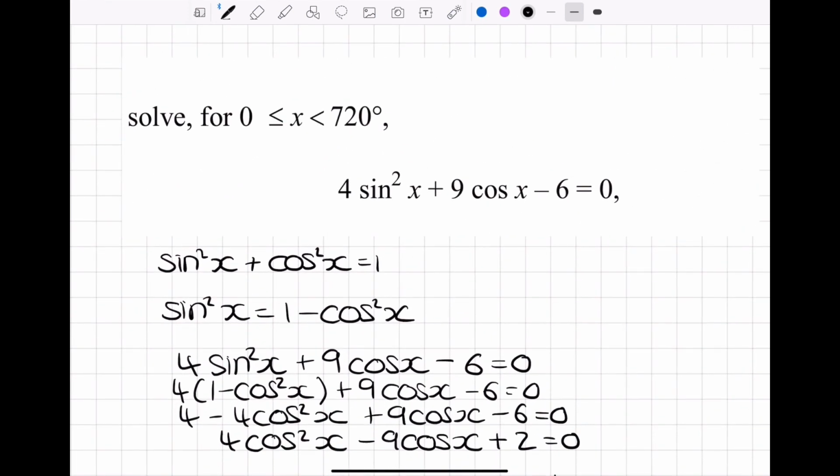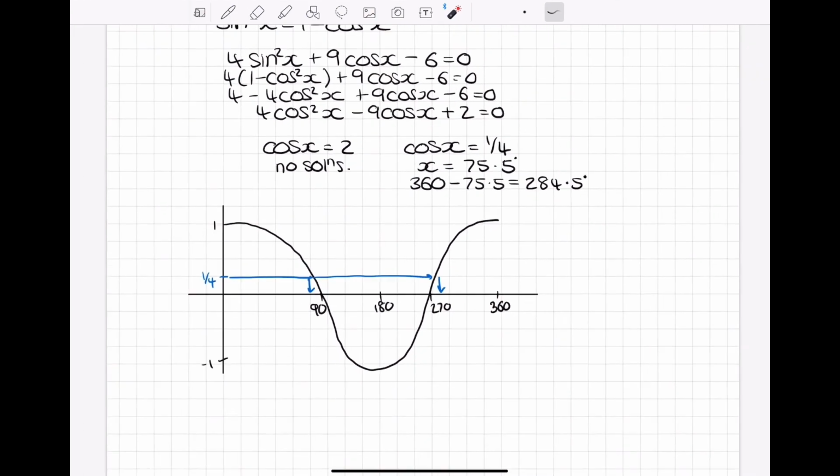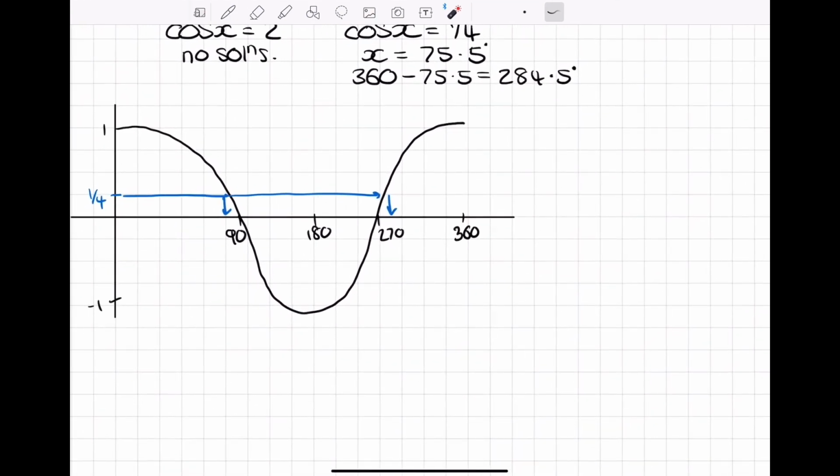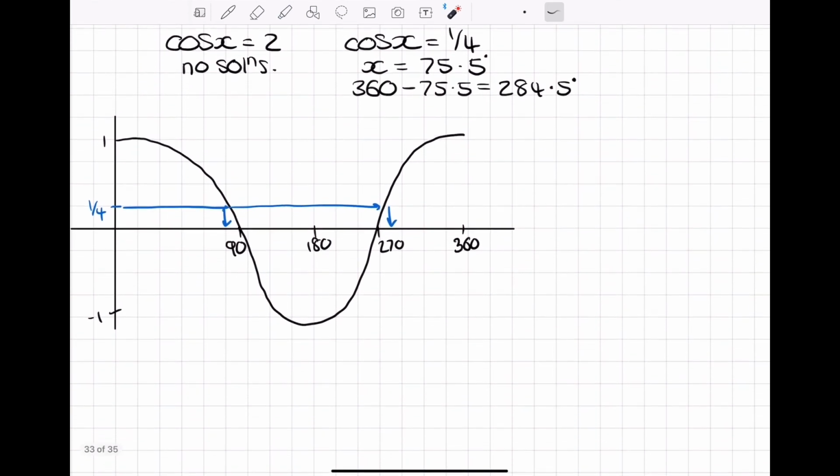However, in this one, we have to repeat this between 0 and 720. So we know that the cos graph repeats every 360. So now that we've found these two solutions between 0 and 360, for each of them, we can just continue to add on 360 degrees.